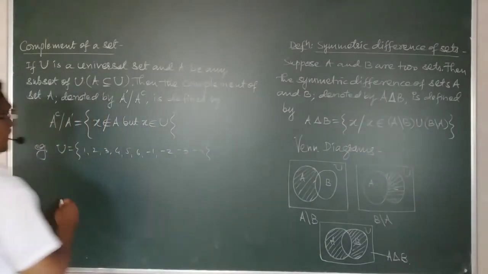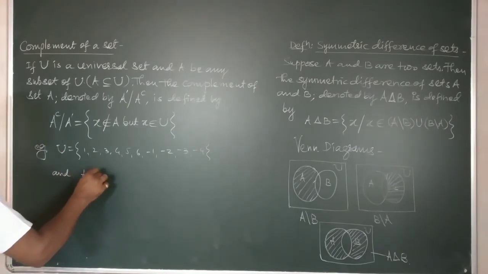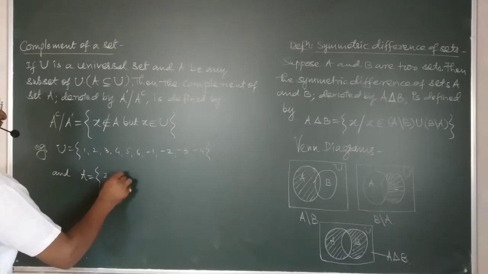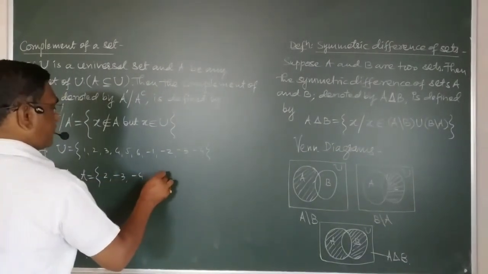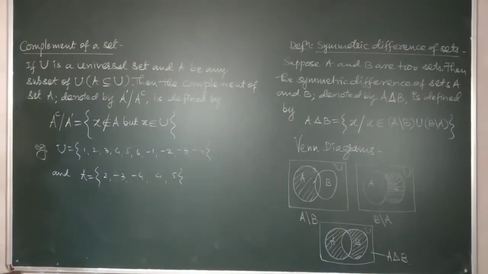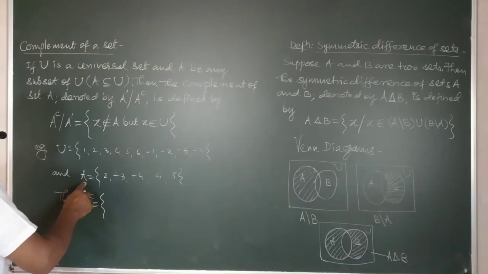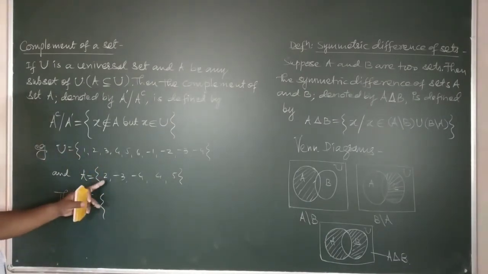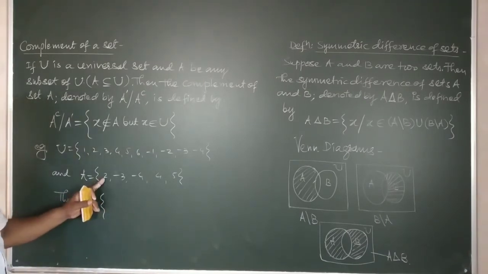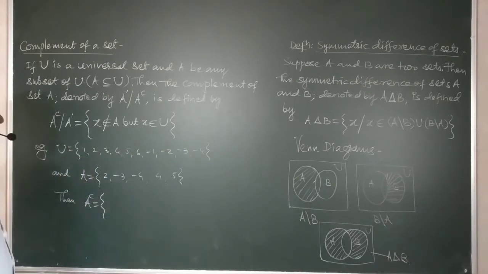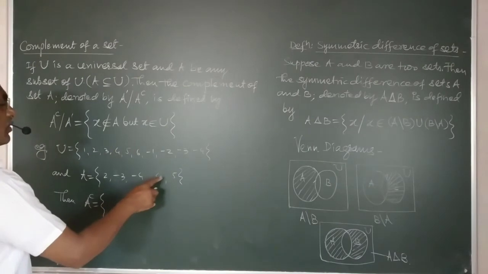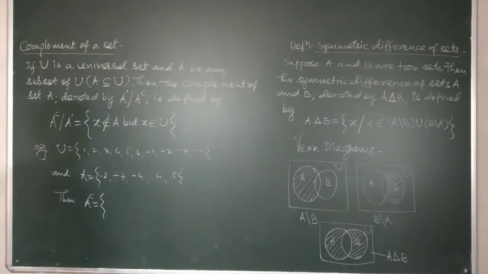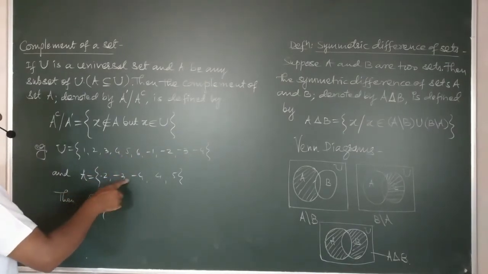Now if A is equal to 2, minus 3, minus 4, 4 and 5, then what is A complement? If I take 2 belonging to A, 2 also belongs to the universal set. Therefore, to differentiate this, let me take minus 2 so that there is no ambiguity: minus 2, minus 3, minus 4, 4 and 5.